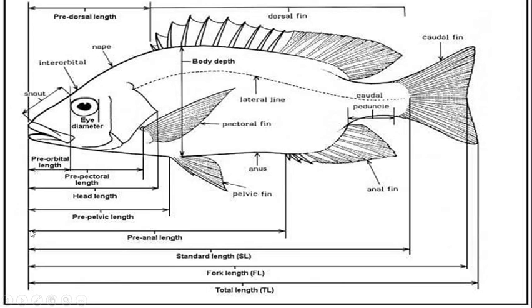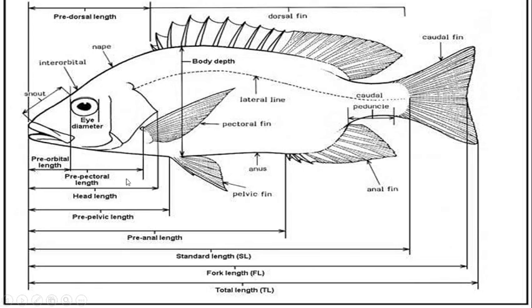Then the pre-anal length, we can see this is from where the anal fin starts, that is, from the tip of the snout to the insertion or origin of anal fin. Then the next is pre-pelvic length, which is from the tip of snout to the insertion of pelvic fin. Then the head length, from the tip of snout to the end of the operculum.